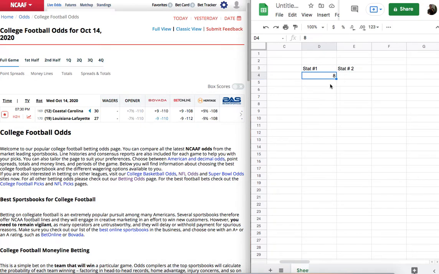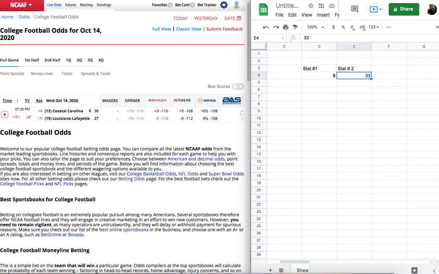The point I want to show is this stat that I'm using doesn't require any alterations at all. If I just take the Coastal Carolina stat and subtract it from the Louisiana Lafayette stat, that equals 8. That's a realistic football number. However, when we use the second stat that I'm looking at, that comes to 33, in favor of Coastal, by the way.